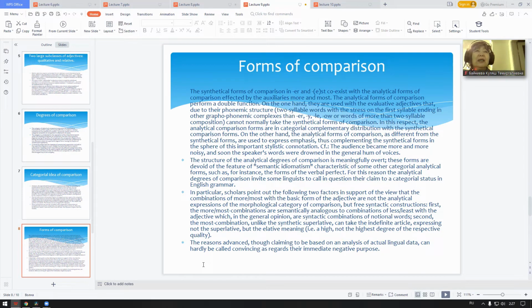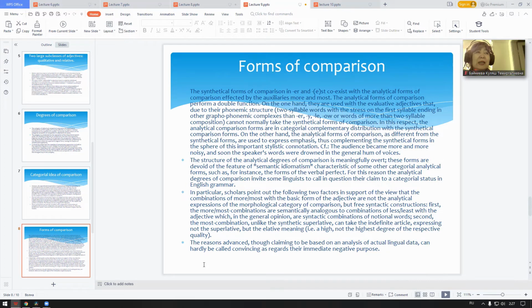In this respect, the analytical comparison forms are in categorical complementary distribution with the synthetical comparison forms. On the other hand, the analytical forms of comparison, as different from the synthetical forms, are used to express emphasis, thus complementing the synthetical forms in the sphere of this important stylistic connotation.